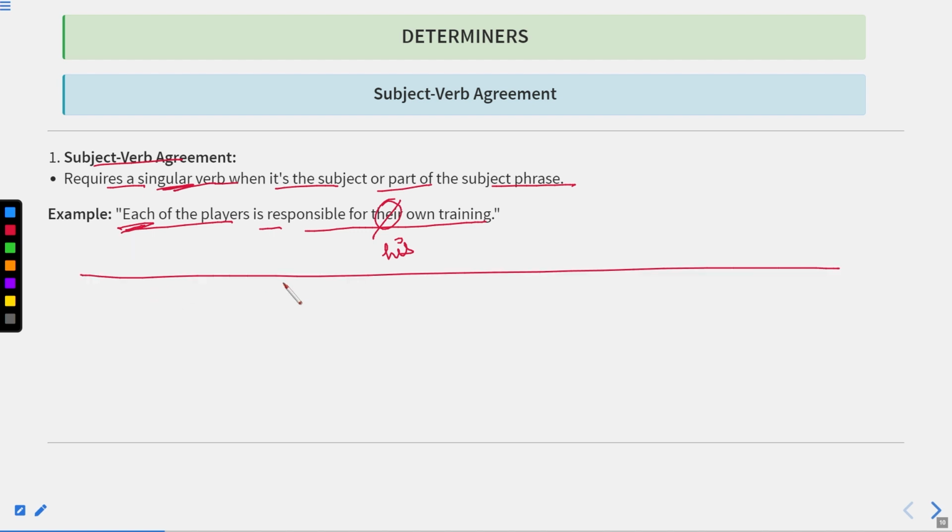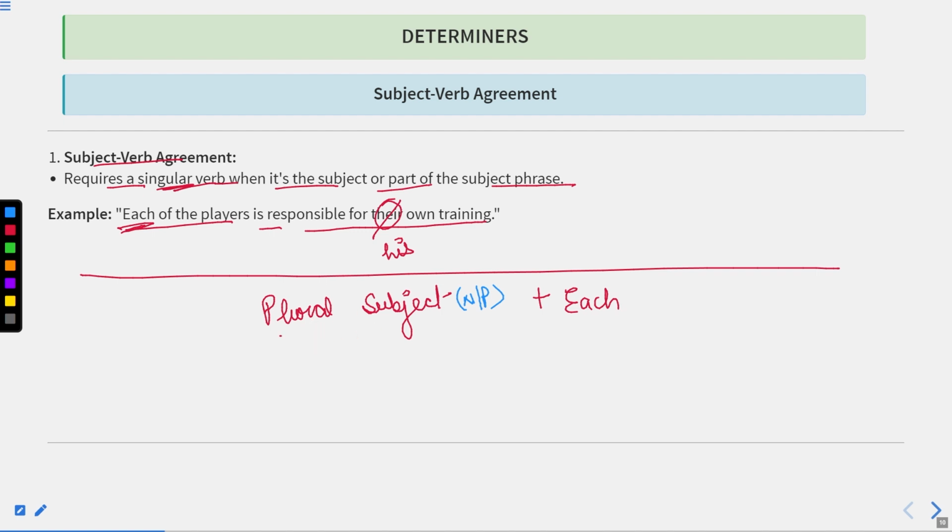Suppose there is a plural subject. Now the subject can be any, either a noun or a pronoun. Obviously, the subject is made either of a noun or a pronoun. So we have a plural subject, and just after that, we have the word each. For example, we say we each, they each.